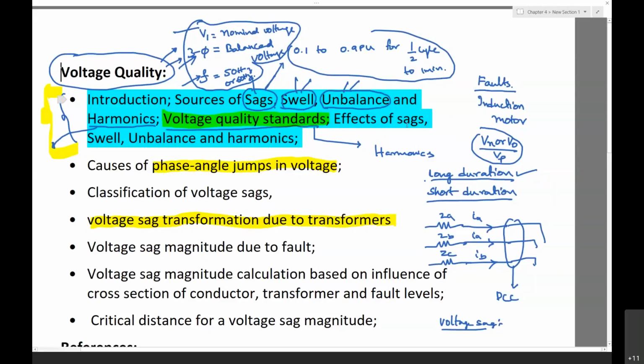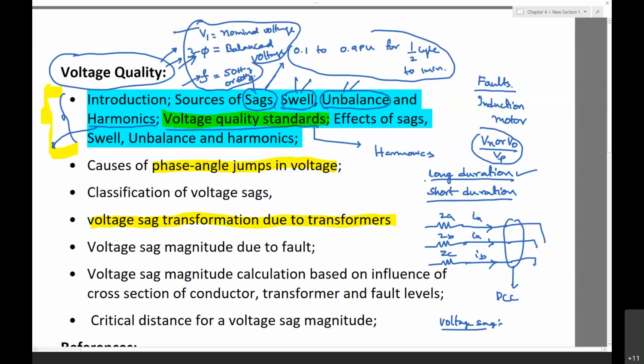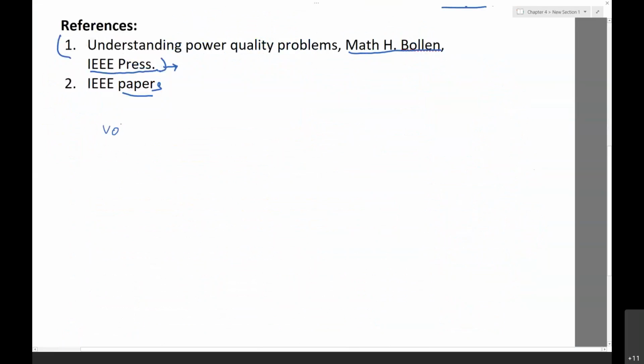If it is the voltage magnitude, the definition of voltage sag says a magnitude reduction to between 0.1 and 0.9 per unit.